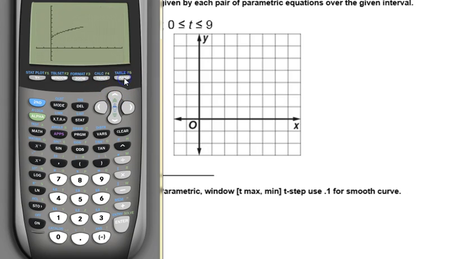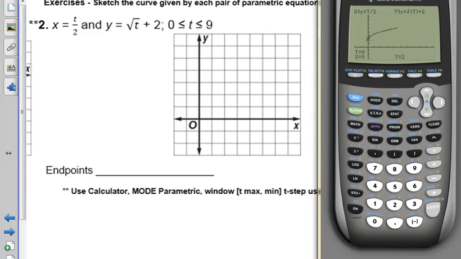All right. If you trace along, where is it at 0? At T equals 0, it's at 0, 2. So that's an endpoint. Now, the only thing you're allowed to change in this mode is the T value. So as you trace, you have no control over X and Y. You can only change T. If you go until T is 1, what does it say?